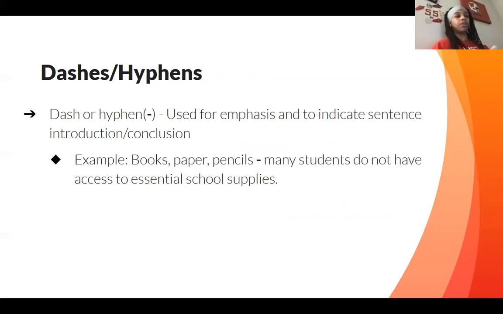Dashes are also known as hyphens. Dashes or hyphens are used for emphasis, and they're used to indicate sentence introduction or conclusion. For an example, books, paper, pencil - many students do not have access to essential school supplies.